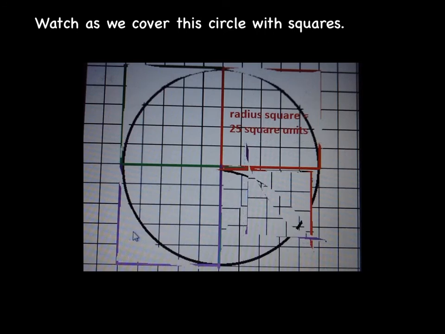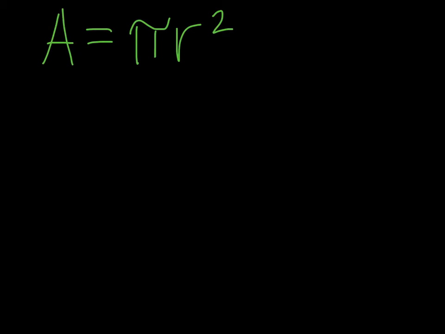So it takes approximately 3 radius squares to cover the circle. And that literally is where the formula comes from. Area equals pi r squared. About 3, because we know that pi is approximately 3, a little more than 3 radius squares.